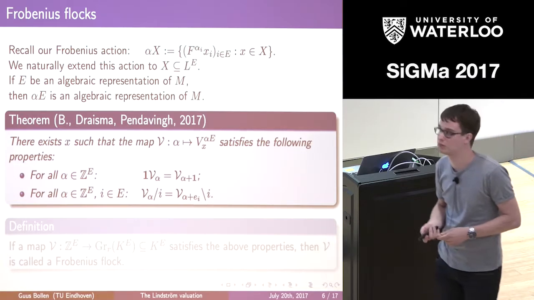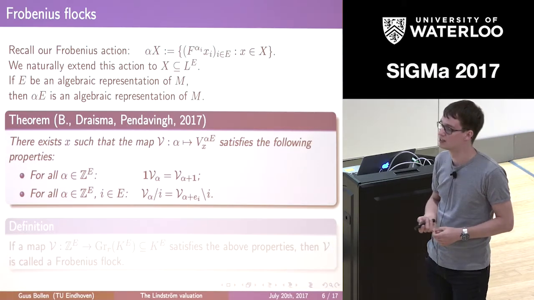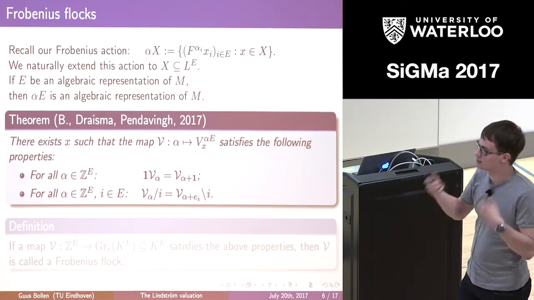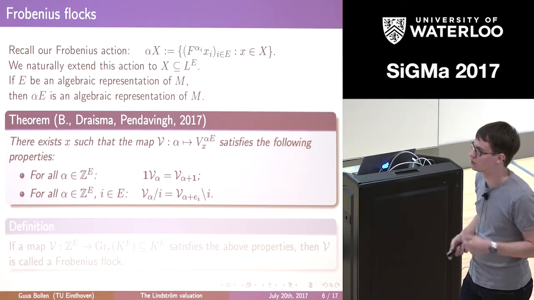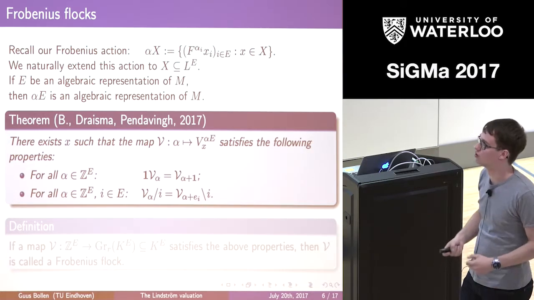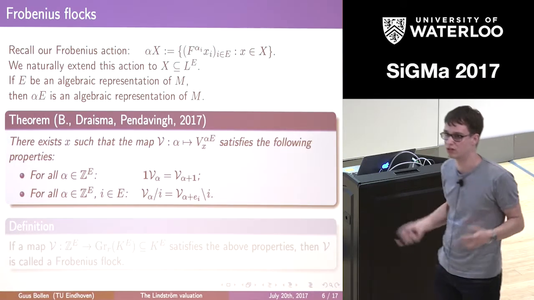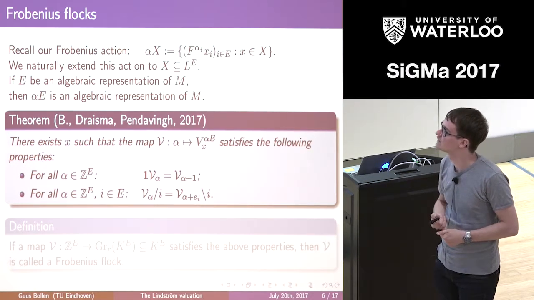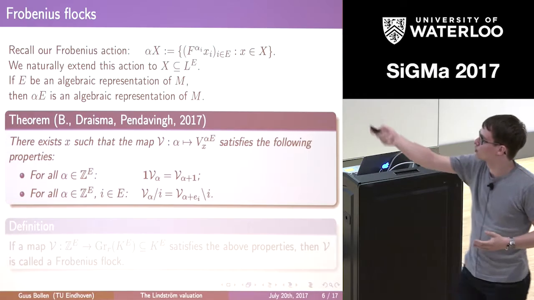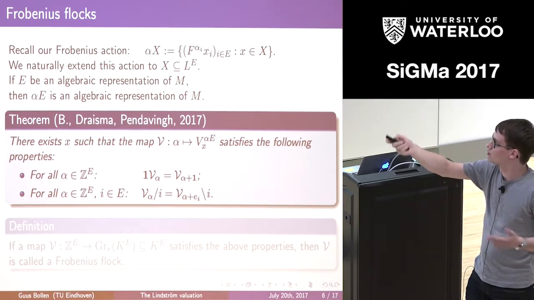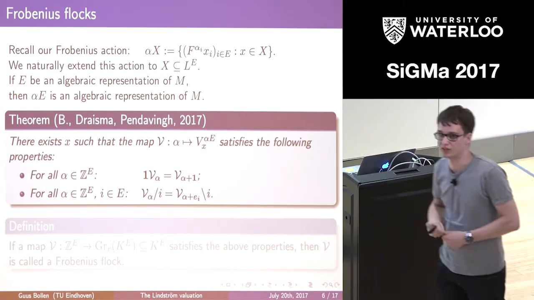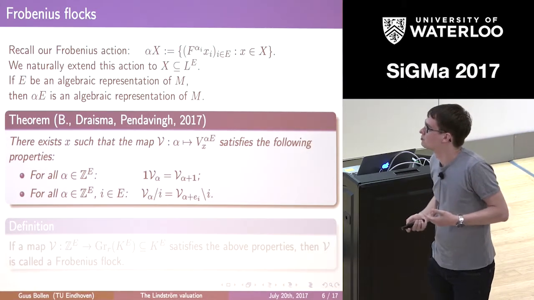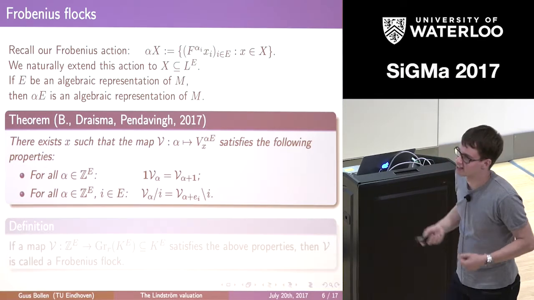And a theorem we recently proved with Jan Drijsma and Rudi Pendavingh is that there exists a single point that works for all, that is sufficiently general for all integer vectors alpha. And it satisfies some properties that, well, I won't go over them yet because it's not really enlightening yet.